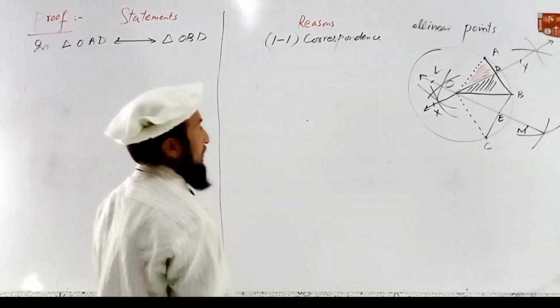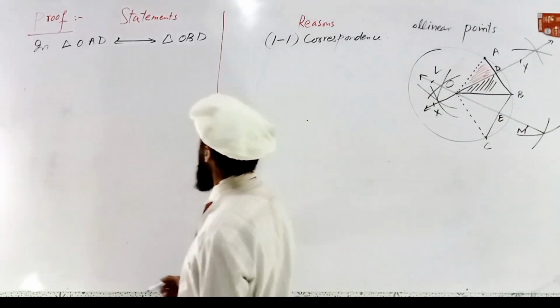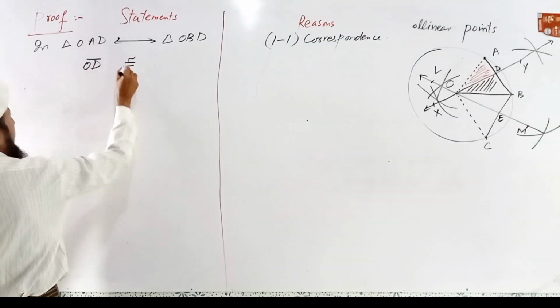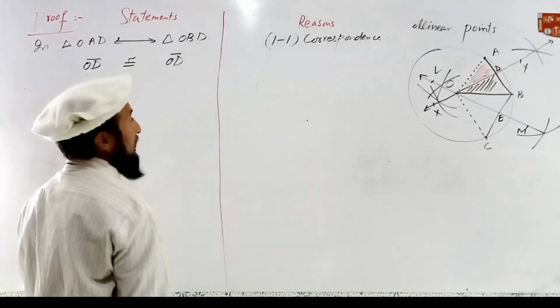And here, from both triangles we get OD is congruent to OD, which means that OD is common.